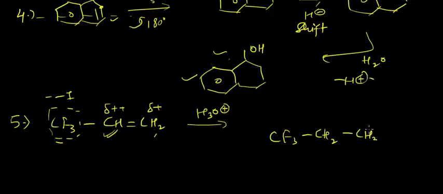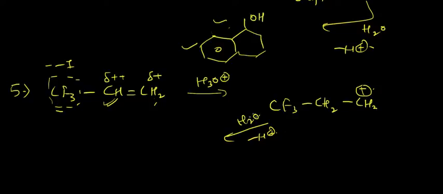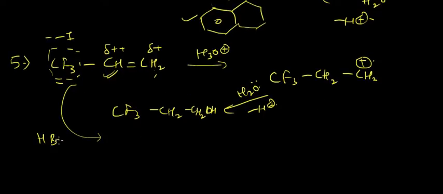As a result, we'll be getting positive charge formed here, and in presence of a water molecule, minus H plus will take place from the oxygen atom, and we'll get something like CH2 CH2 OH. What if we actually do HBr in presence of CCl4? Then our major product would be something like this.